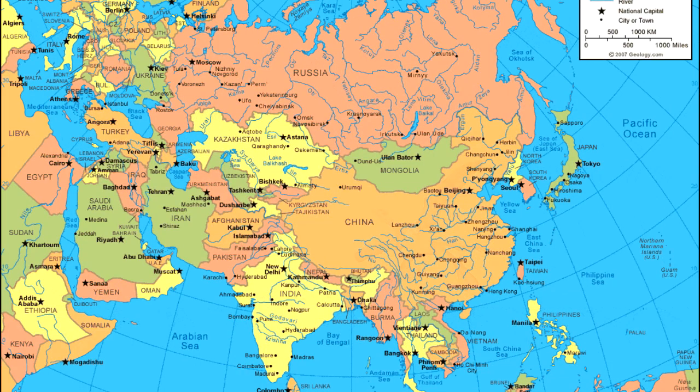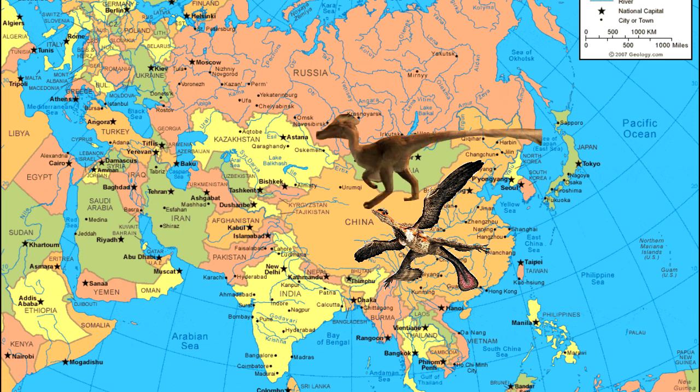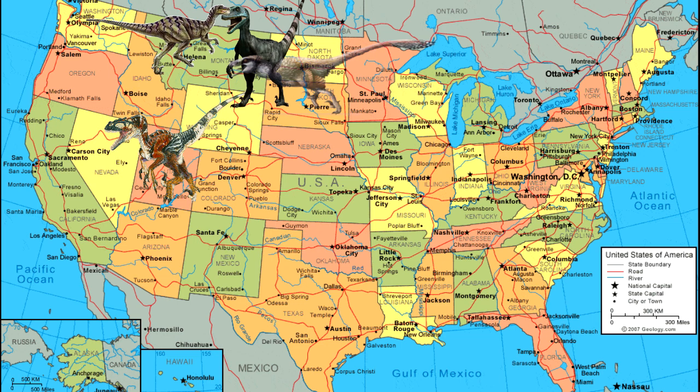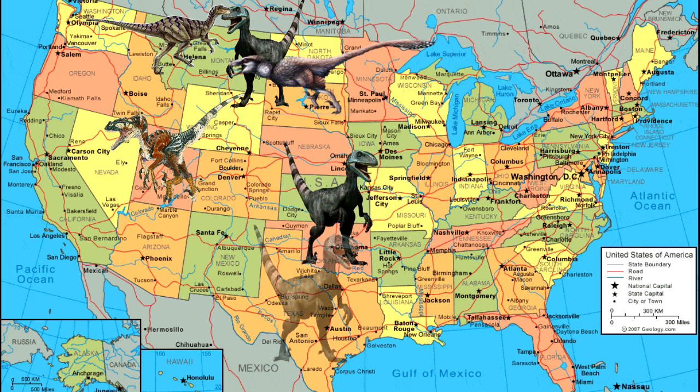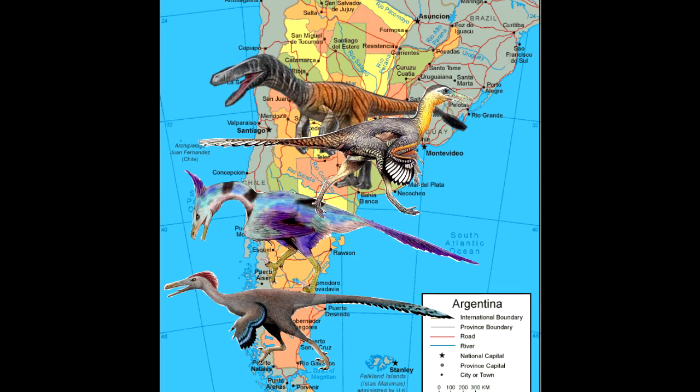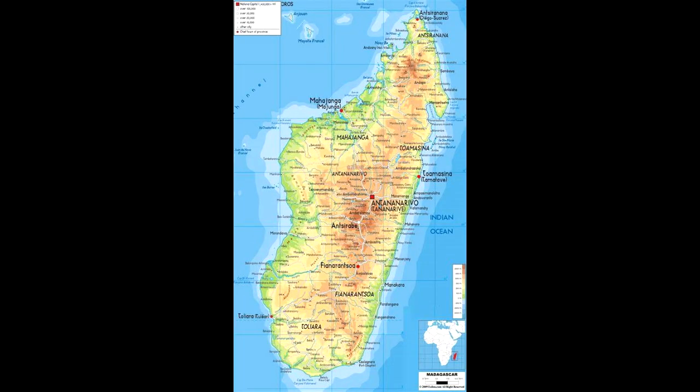Raptors have been found in Asian countries like China, Mongolia, and Uzbekistan, like Itemirus. Raptors have also been found in North American states and provinces, most notably Utah, Montana, Alberta, the Dakotas, Oklahoma, Texas, and Wyoming. There have also been 4 raptor species found in Argentina, and 1 species found in Madagascar, like Rahonavis.